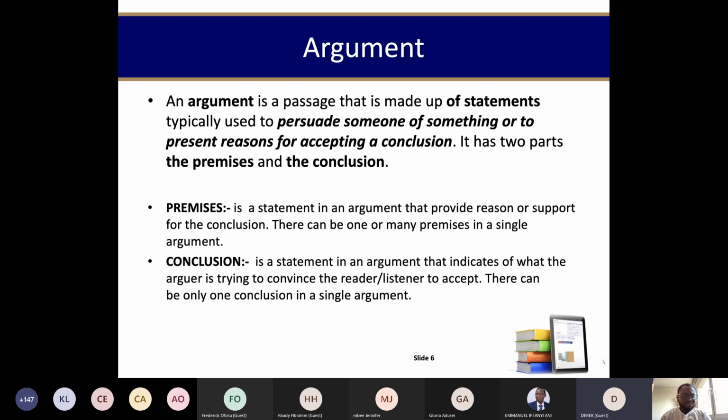And we looked at what a premise is and what a conclusion is. This is, I think, the third time that we are talking about argument. So I believe by now you should be able to tell somebody what an argument is, and you should be able to identify a premise and a conclusion.